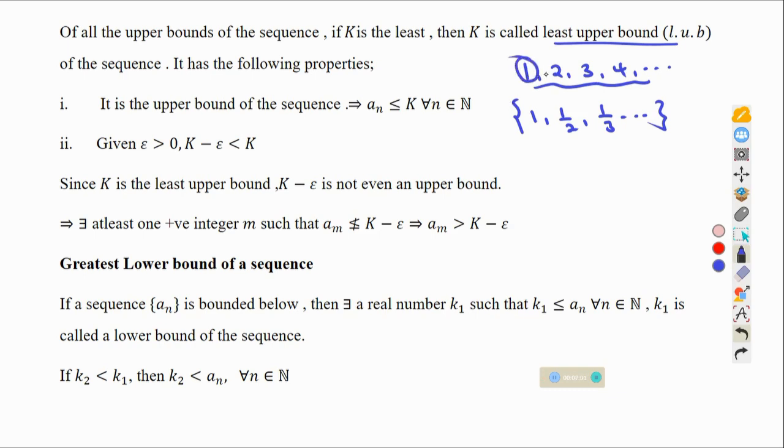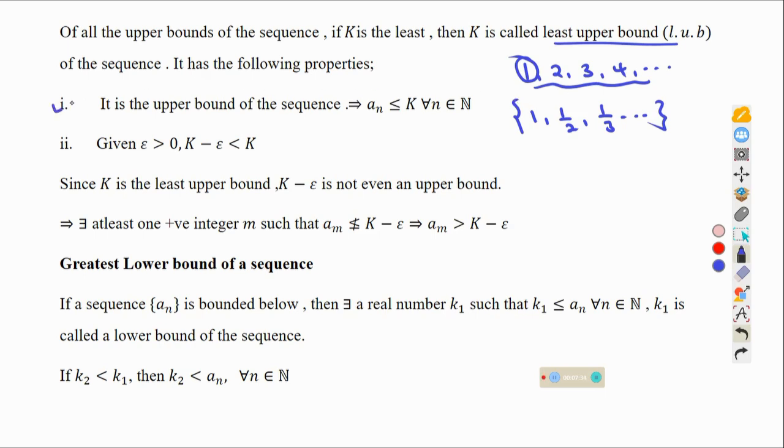So this one will satisfy some properties. In other words, we shall be able to say that of all the upper bounds of the sequence, if k is the least, then k is called the least upper bound. It should be able to satisfy these properties.